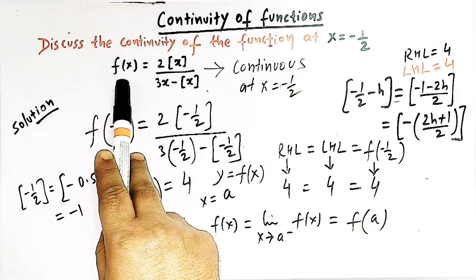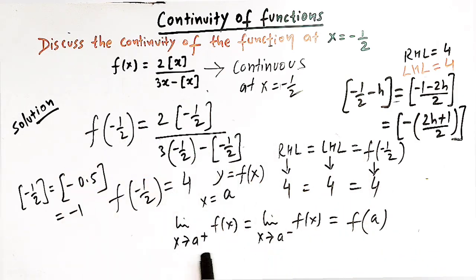So this function f of x satisfies the definition of continuity of a function, which says that a function is said to be continuous at some point, say x equal to a, belonging to the domain of the function f of x, if the right hand limit is equal to the left hand limit is equal to the value of the function at the given point.